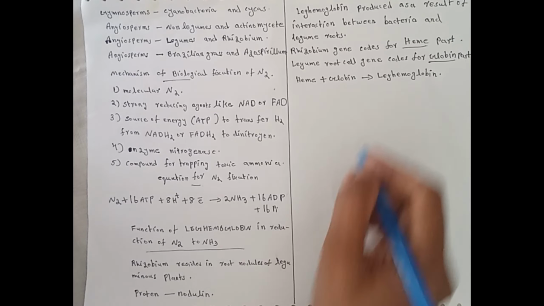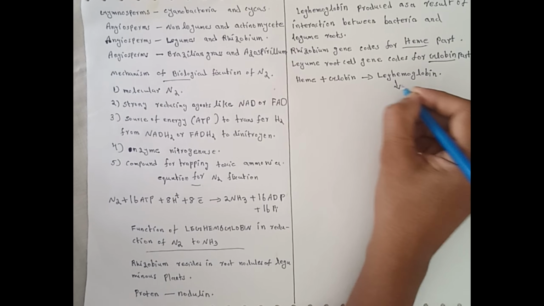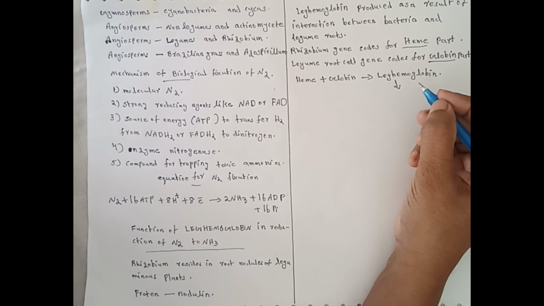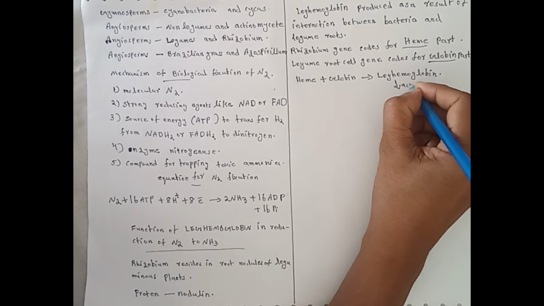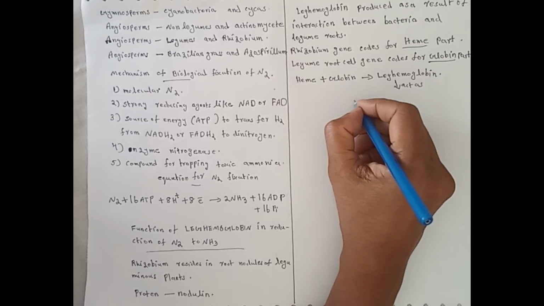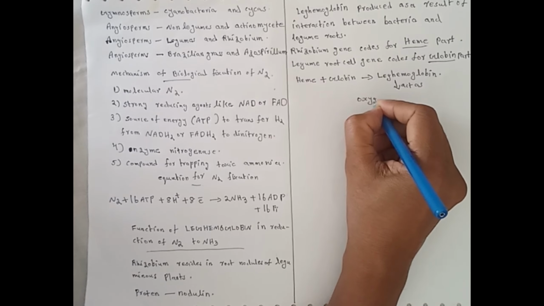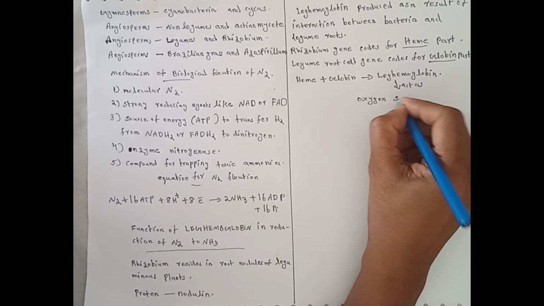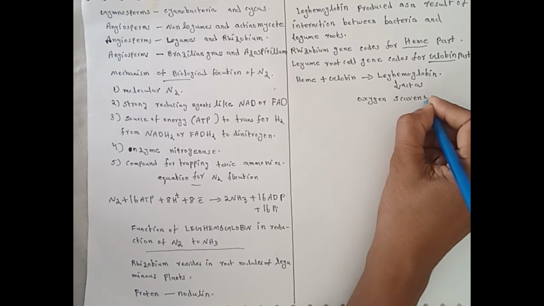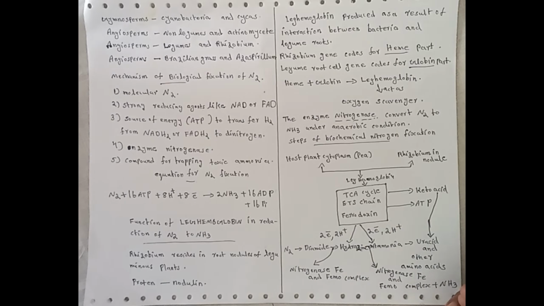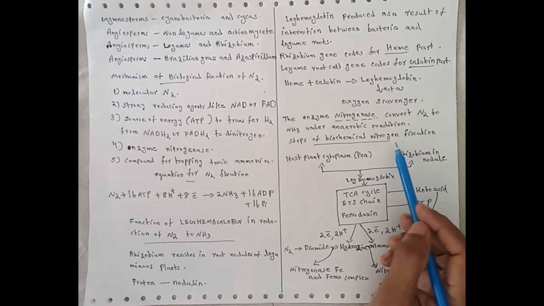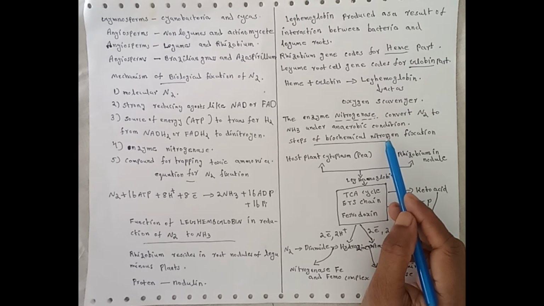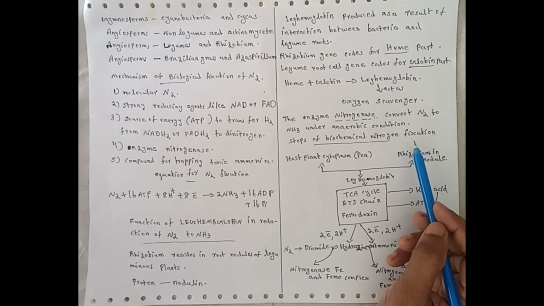This leg hemoglobin acts as an oxygen scavenger, so that the enzyme nitrogenase can convert N2 to NH3 under anaerobic condition.